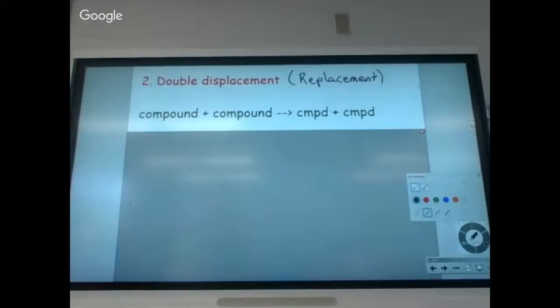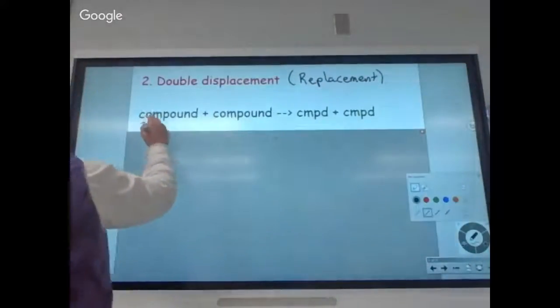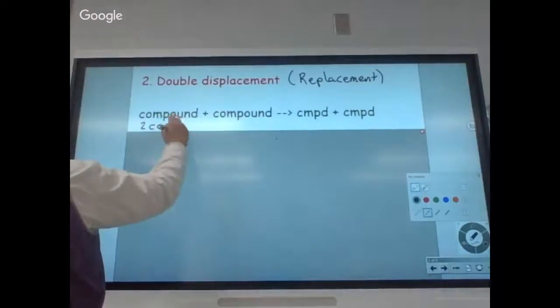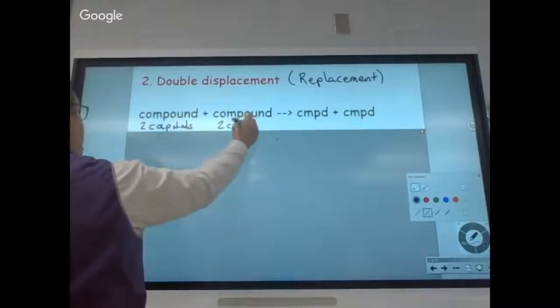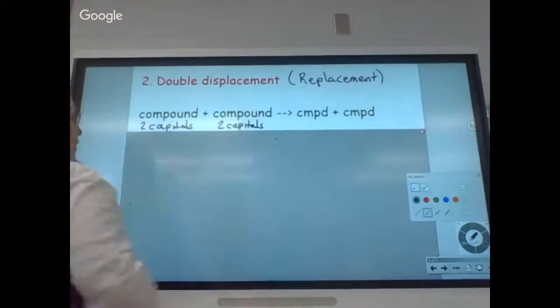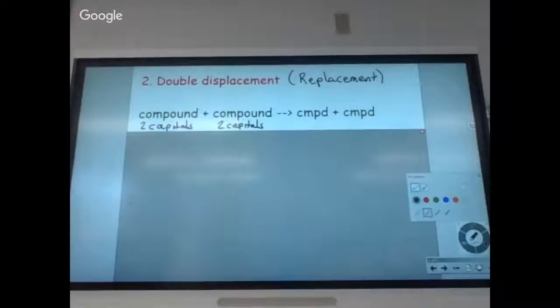Everything has to have what? Everything has to have 2 capitals, right? You have to have 2 capitals here, and you have to have 2 capitals there, okay? Everything has two capitals. Everything.